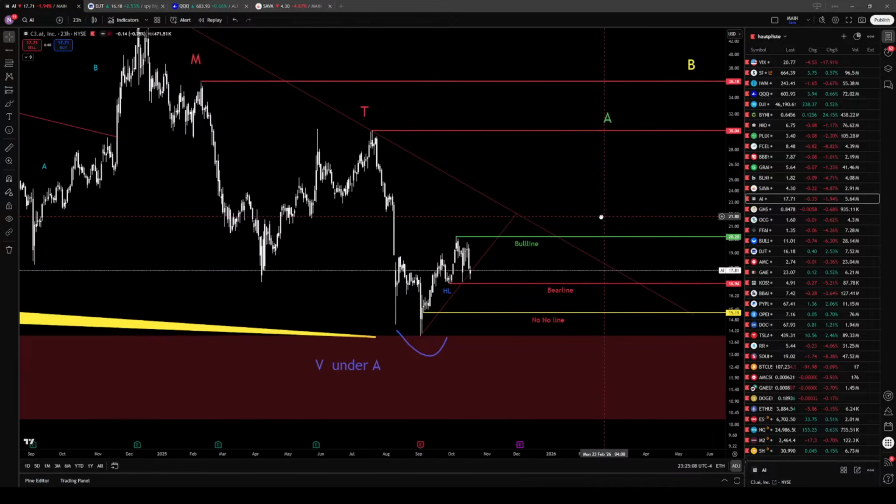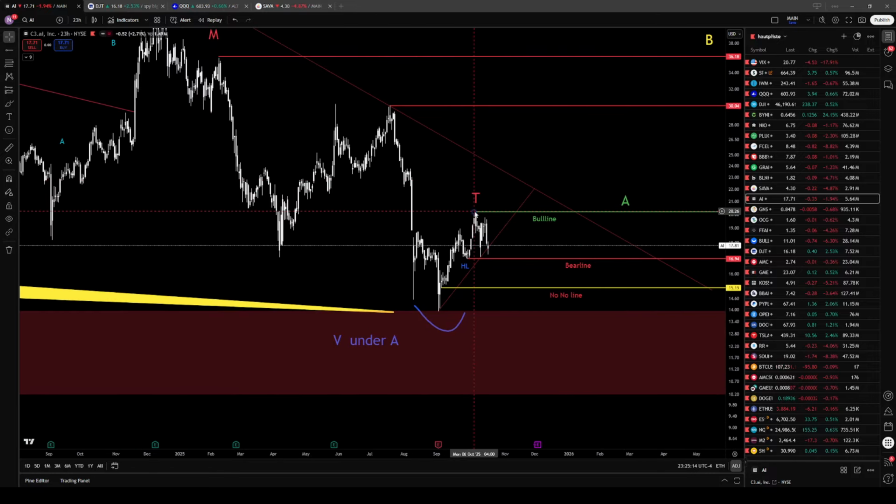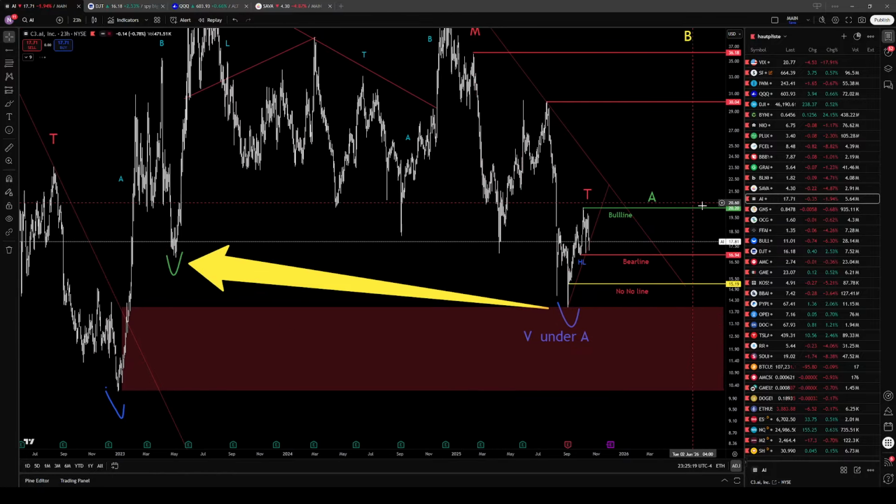For the bearish version, the alternative, this was your T, and you would go down, and then it's quite the same as Bed Bath and Beyond. You would do a higher low than your all-time low or a new low.